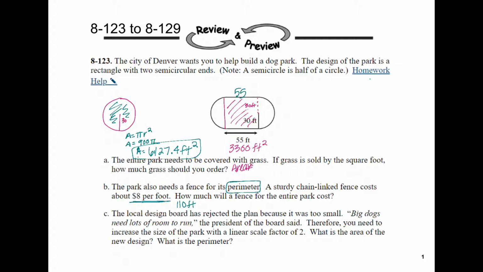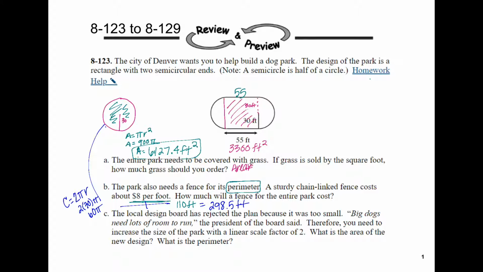To find the perimeter of a circle, it is actually called the circumference, and it's 2 pi times the radius. So if we multiply our radius by 2, 2 times 30 gives us 60 pi. So when we take 60 pi and add it to 110 feet, we get approximately 298.5 feet.